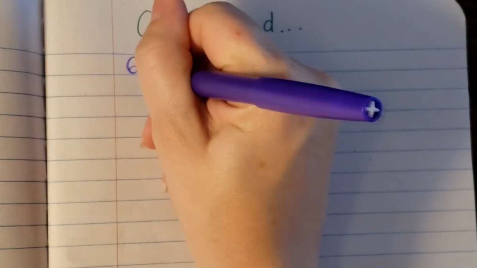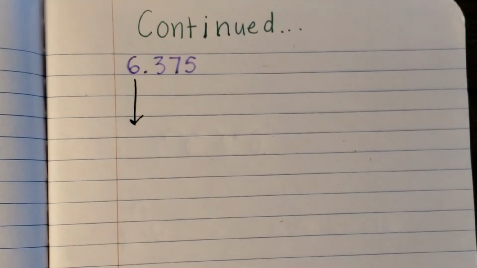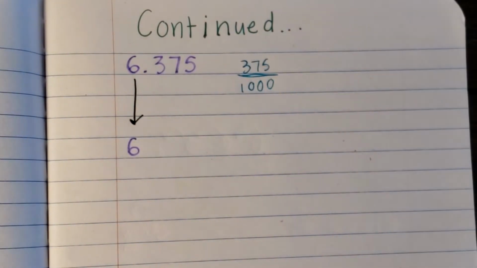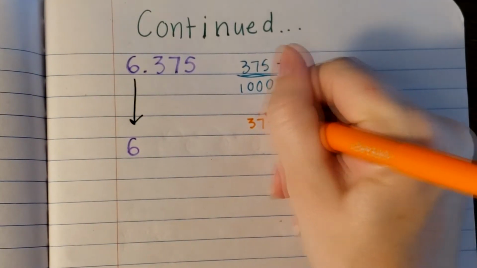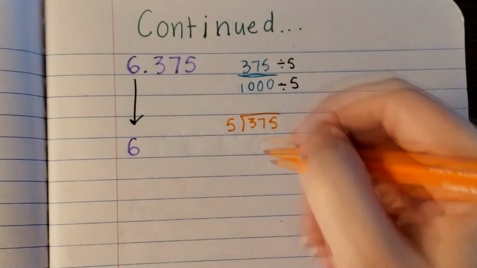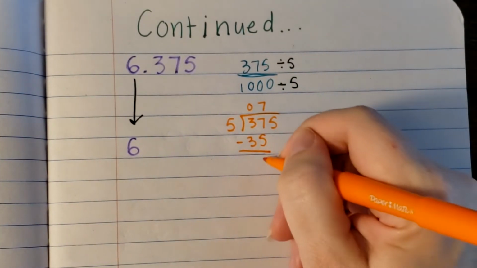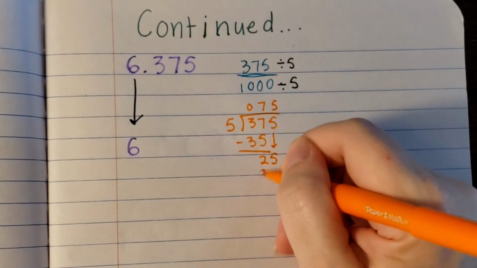Let's do one more together. 6 and 375 thousandths. Since the 6 is a whole number, we can leave it alone and just look past the decimal. 0.375. The 5 is in the thousandths place value, making this number out of 1,000. So we have 375 out of 1,000.